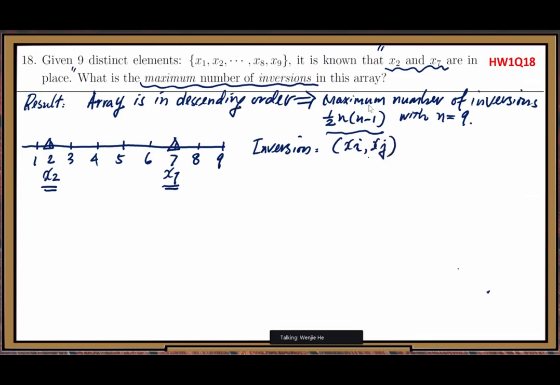Here we assume i less than j, but the value xi is greater than xj. That's the inversion.